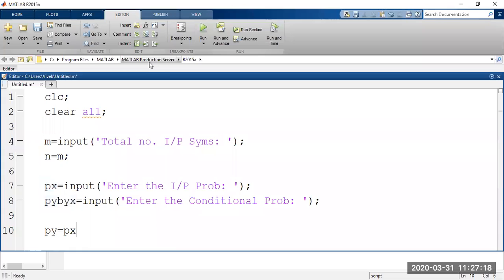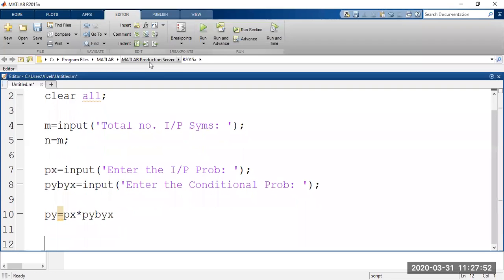It is nothing but P(x) into P(y/x). This is matrix multiplication, so we don't have to use the dot star. The star will suffice. So P(x) star P(y/x). This is done. I'll run the program.